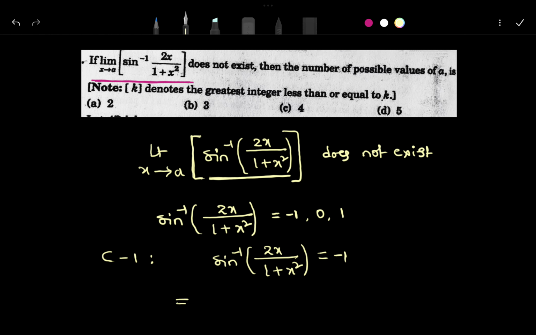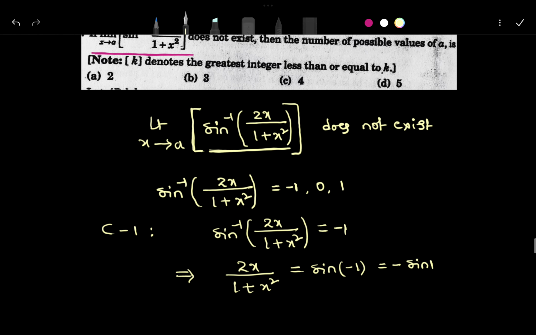From this you can write that 2x by 1 plus x square is equal to sine of minus 1, and sine of minus 1 will be equal to minus sine 1.